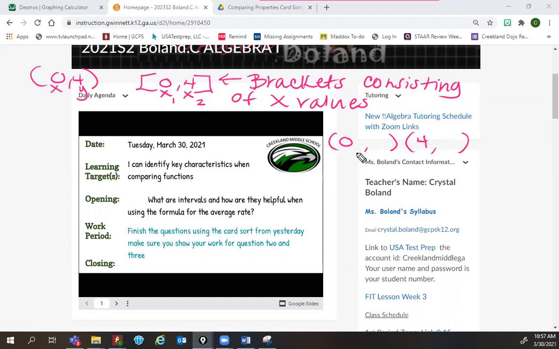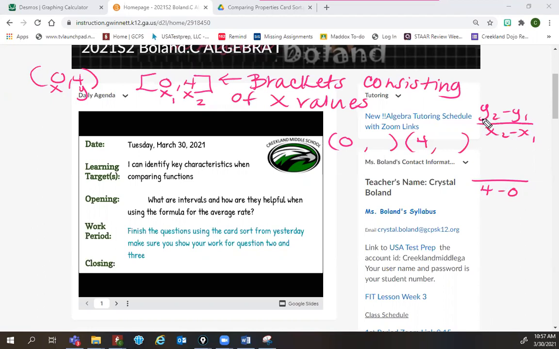Do you guys know that if they give you 2 X's in the brackets, that you're automatically going to put 4 minus 0 at the bottom of your rate problem? Because watch, y2 minus y1 over x2 minus x1. What's x2? 4. What's x1? 0. So do you see how I automatically put it at the bottom? Because they go at the bottom.